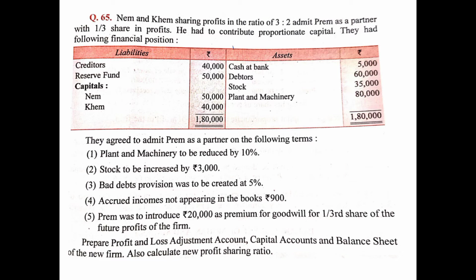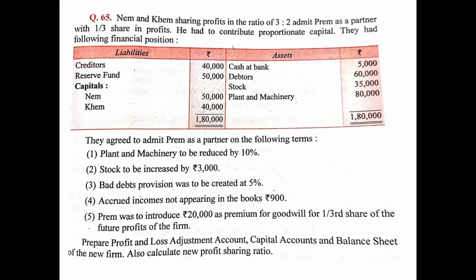The first term is plant and machinery to be reduced by 10%. That means you have to reduce the value of plant and machinery by 10%. So the value of plant and machinery is 80,000. So 10% of 80,000 will be 8,000. So here the value of plant and machinery, that is the asset, is decreasing. Therefore, this reduction of 8,000 will be shown on the debit side of revaluation account.